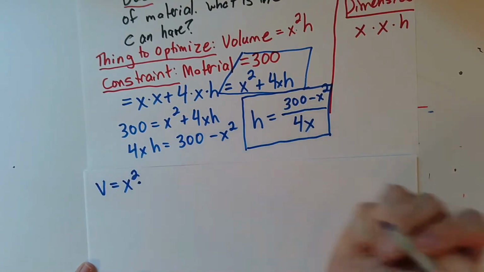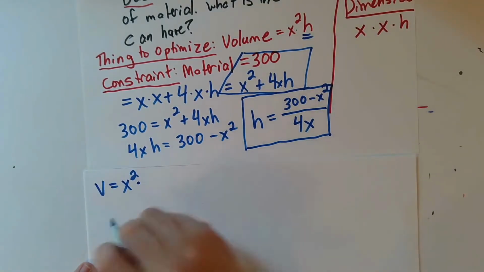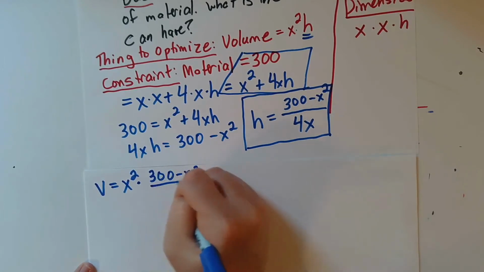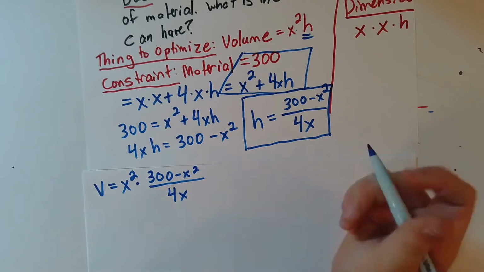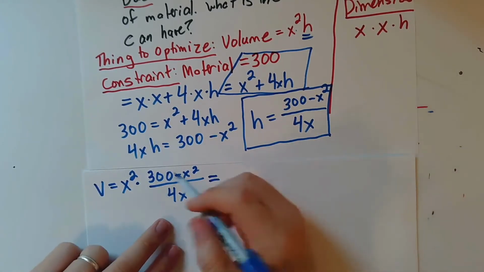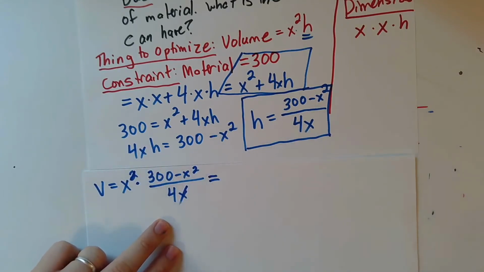So the volume is x squared times h, but h is this. So it's x squared times (300 minus x squared) divided by 4x. Now, this I can simplify because one of these x's cancels with that x.